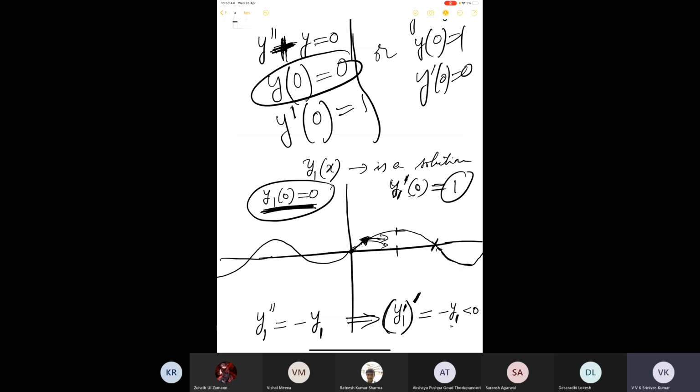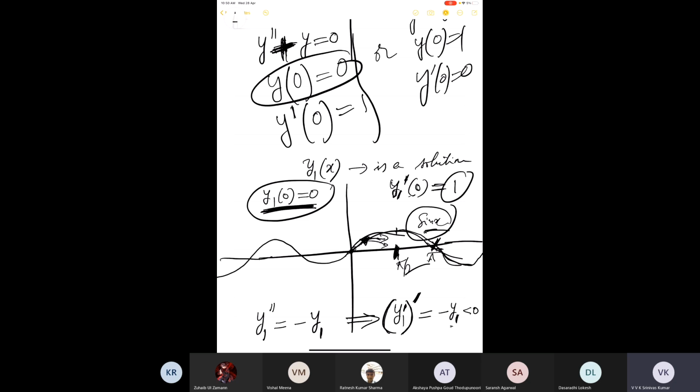So from this we can conclude that sin x is a possible solution. We can even conclude without solving the periodicity also, that whatever these points, this should be pi, this should be pi by 2, and so on. So this is a function which is periodic, and it is sin x.